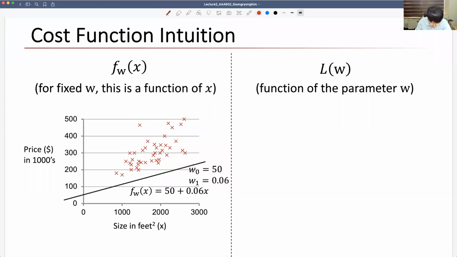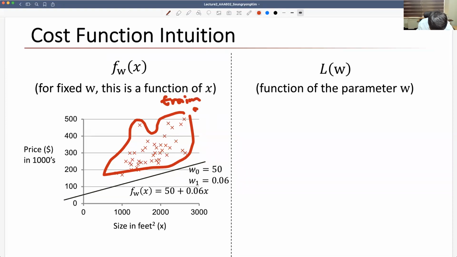Here we have a training sample, something like this. Then first of all, we can approximate our mapping function f_w(x) as w0 plus w1 times x, right?